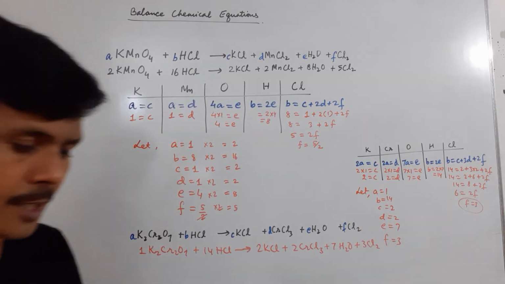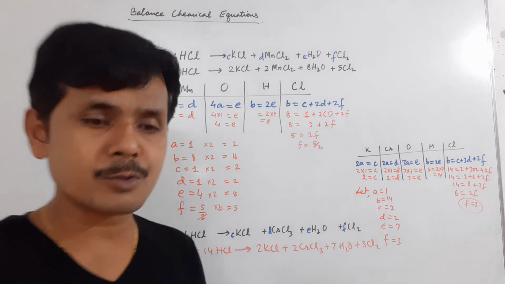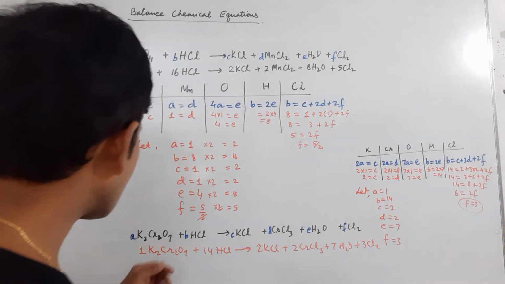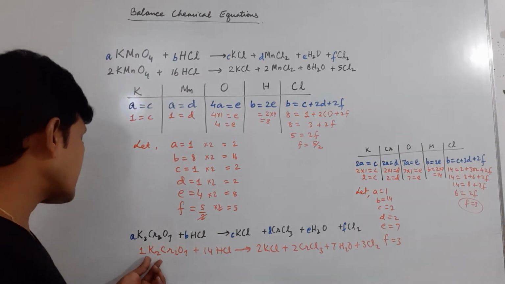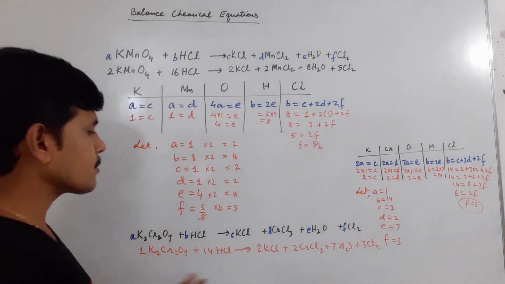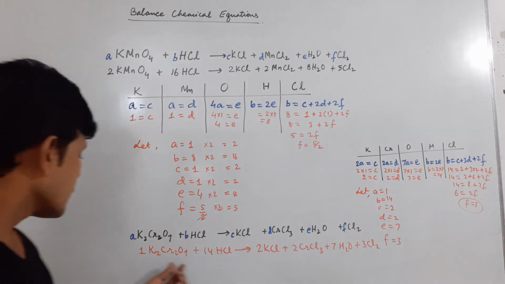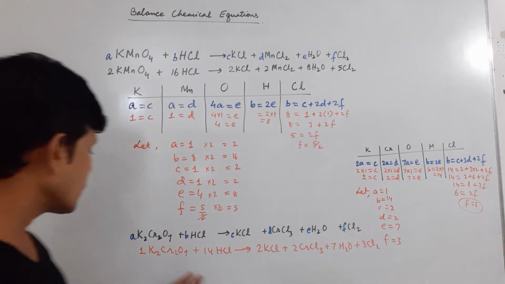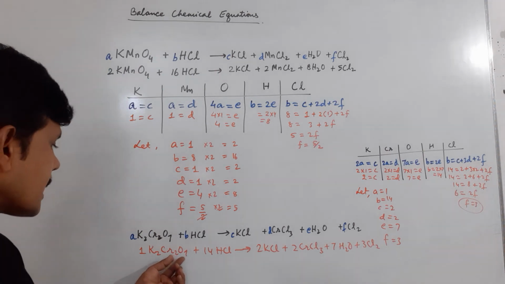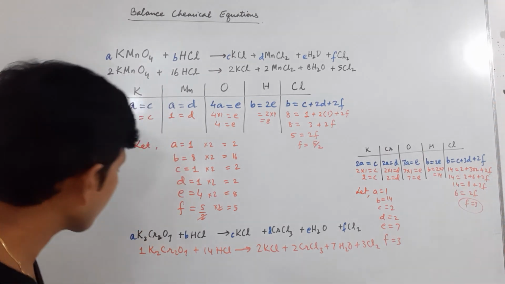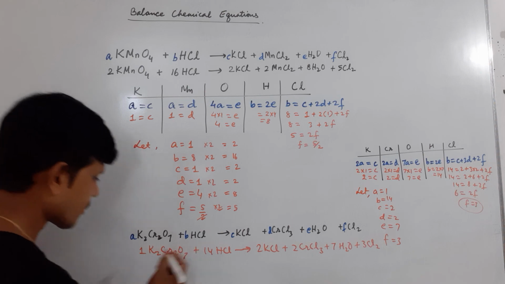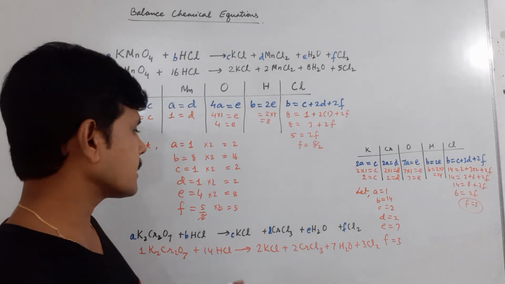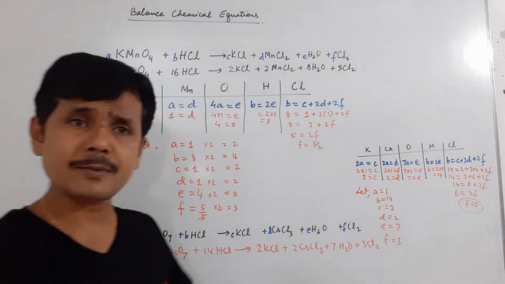Now let us count the number of atoms, whether they are equal on both sides or not. Look at potassium first. Yes, we have 2 atoms of potassium. Similarly, chromium, we have 2 atoms. Oxygen, 7 times 1 is 7, and on the product side we have 7 atoms.